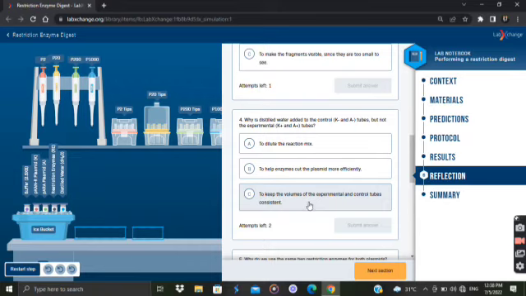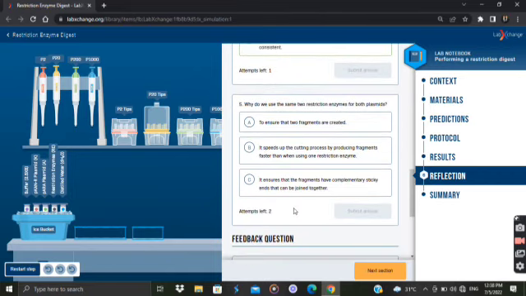So we are going to make sure that the tubes are at the same level and consistent. And the final question, why do we use the same two restriction enzymes for both plasmids? We are going to use the same two restriction enzymes for both plasmids because we want to ensure that the fragments have complementary sticky ends that can be joined together.